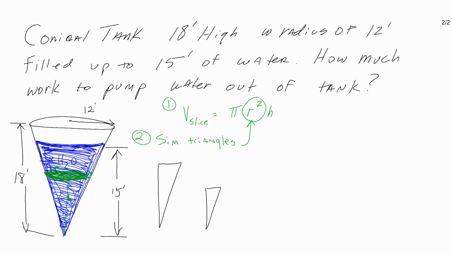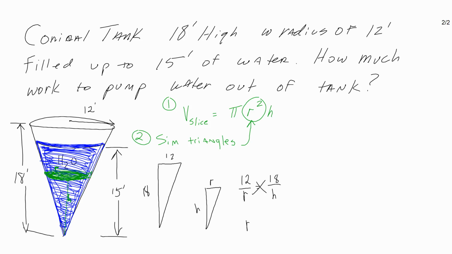So 12, 18, H, and R. And it doesn't matter how you set it up as long as you're consistent. So I'm going to go 12 is to R as 18 is to H. And solve for R, because you need to plug it in for that.